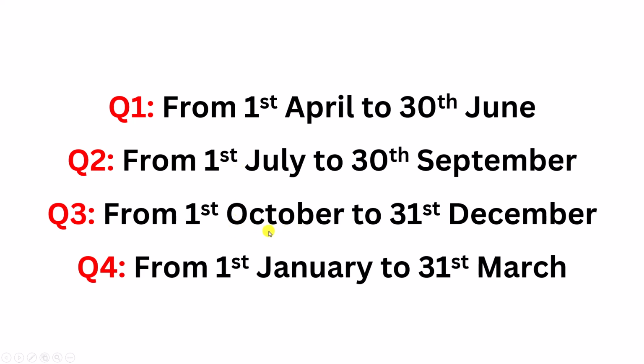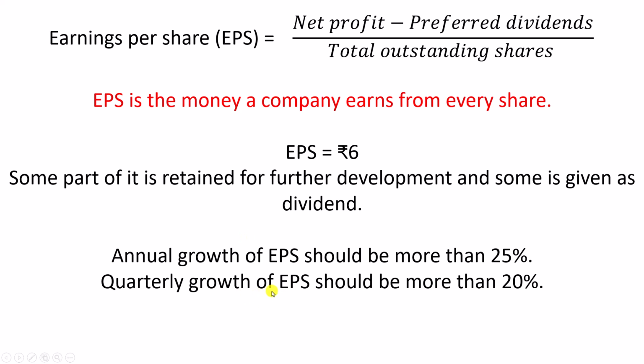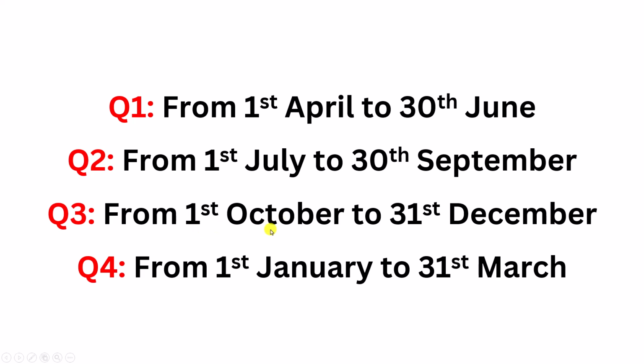This quarter comes after this quarter, correct? Yes. Now, according to our rule, the EPS of current quarter should be more than 20% of previous quarter, which is this. Correct?